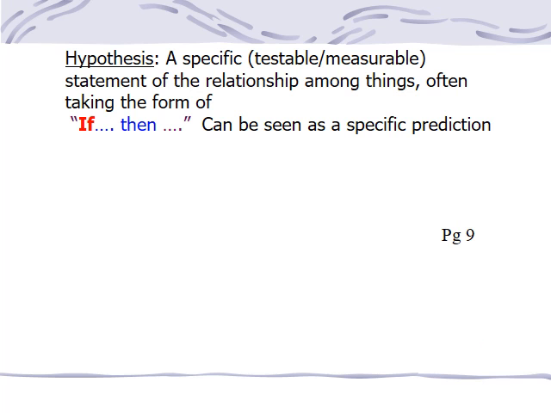Okay. So with any type of experiment at all, you want to make sure you have a decent hypothesis. Now, a hypothesis must be a specific, that means testable or measurable, statement of relationships among things. At this level, we usually say they must take the form of "if blah blah, then blah blah," and it can be seen as kind of a prediction.